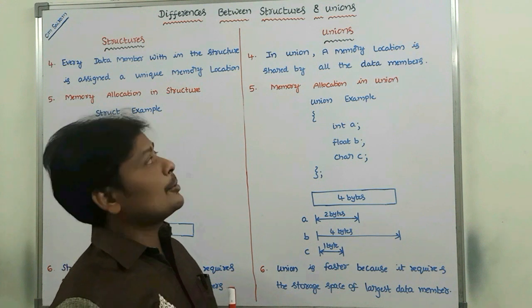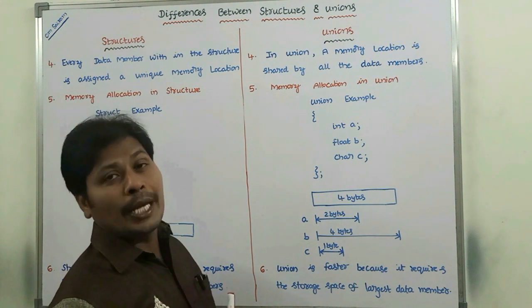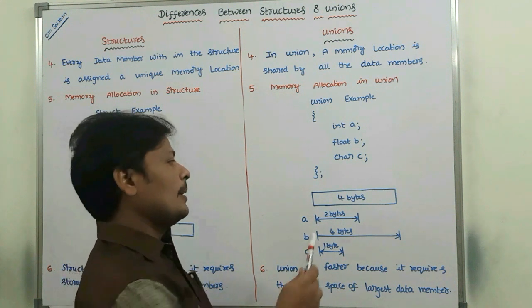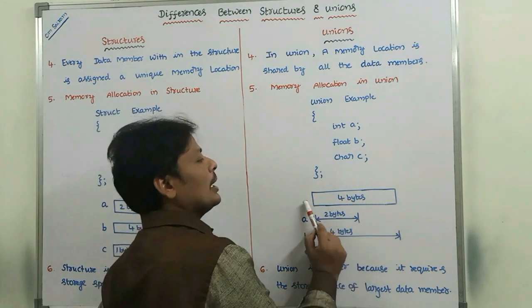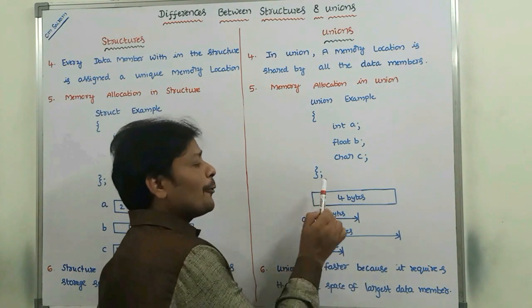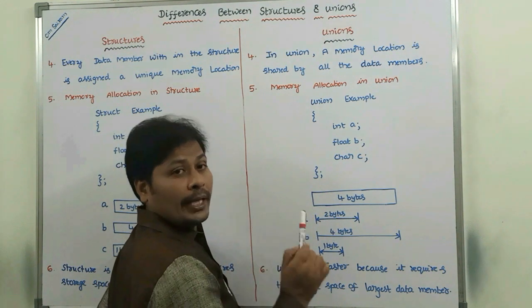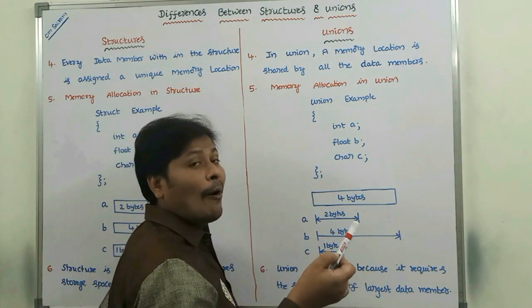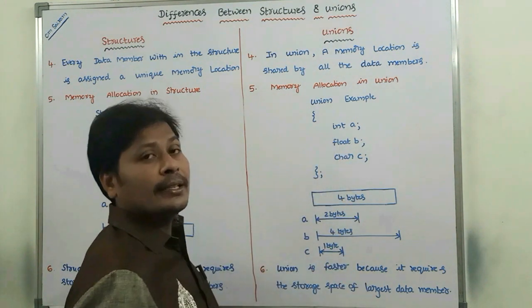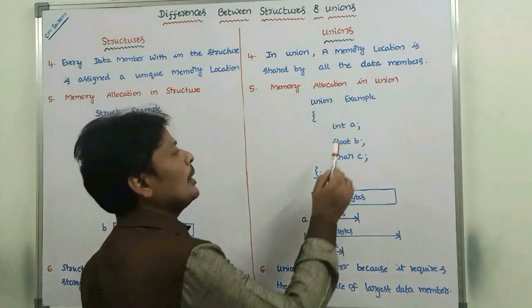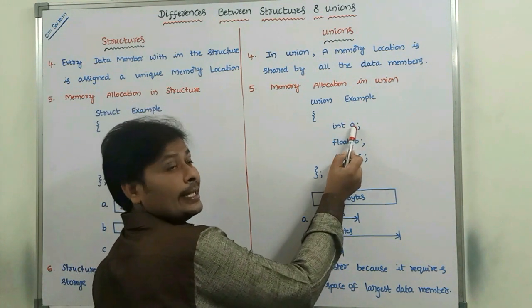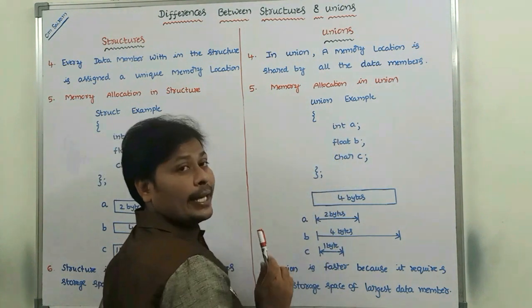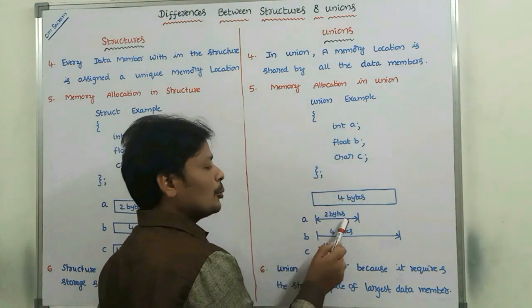So therefore the size of the union is equal to 4 bytes. This 4 bytes of memory is shared by all the data members within the union. Data member A, its data type is int, it occupies 2 bytes.